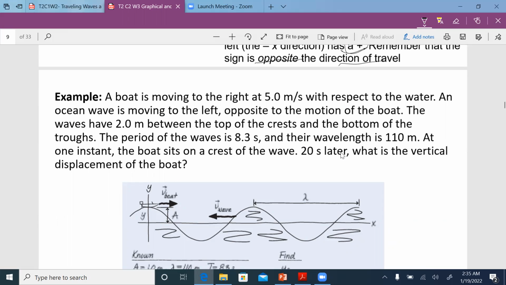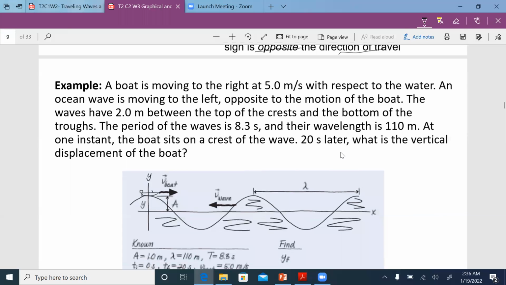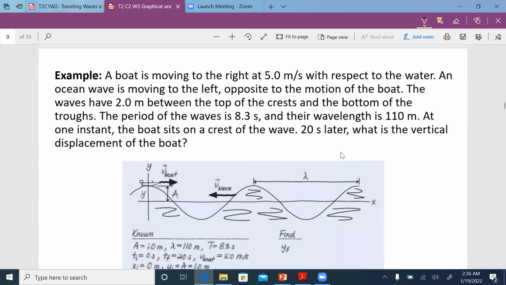110 meters. At one instant, the boat sits on the crest of the wave. 20 seconds later, what is the vertical displacement of the boat? We can actually determine the vertical displacement without having to sink the boat.